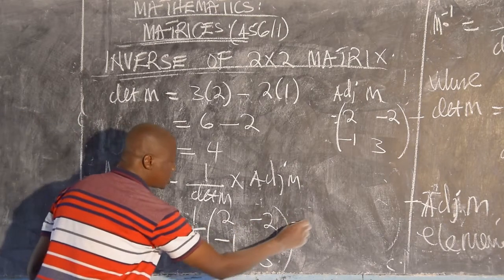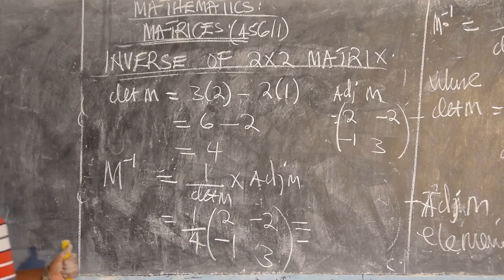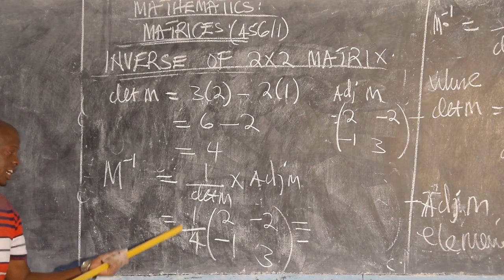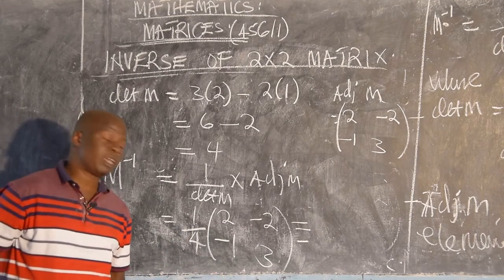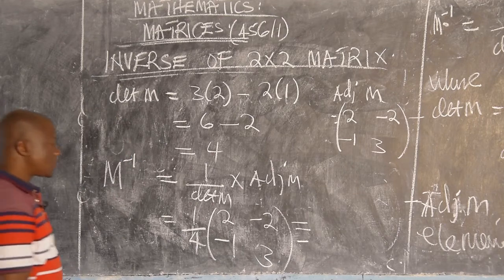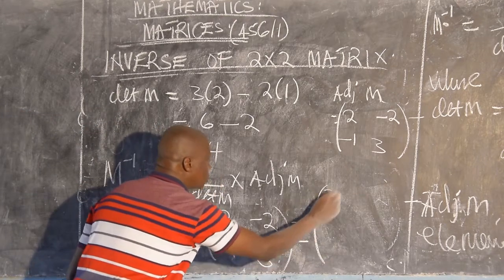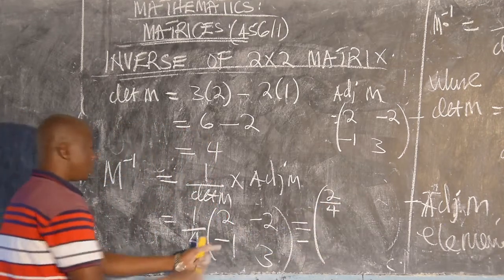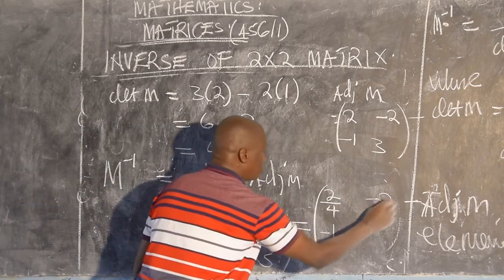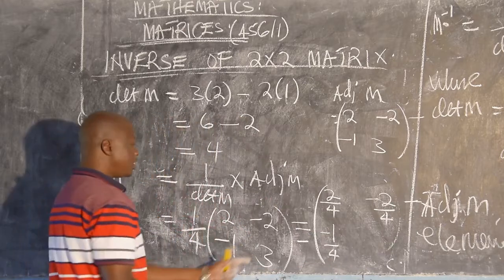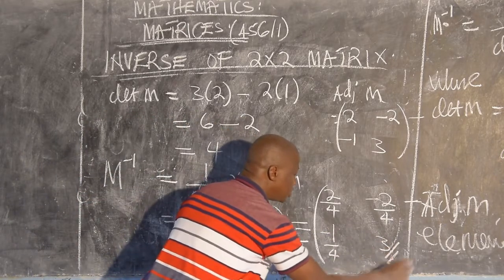Our final answer is, this is a scalar multiple. This scalar multiple is supposed to affect each and every element within the brackets. So our answer is 2 over 4, negative 1 over 4, negative 2 over 4, and 3 over 4.